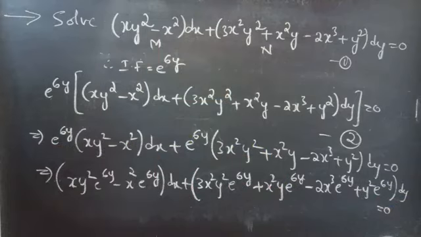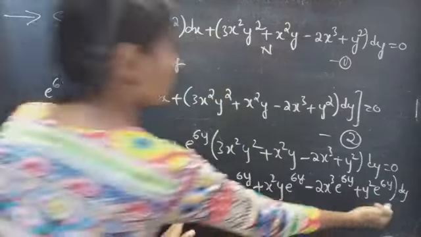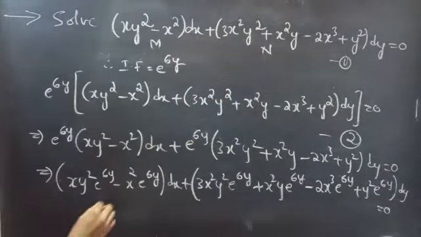which is in M dx plus N dy equals 0 form.